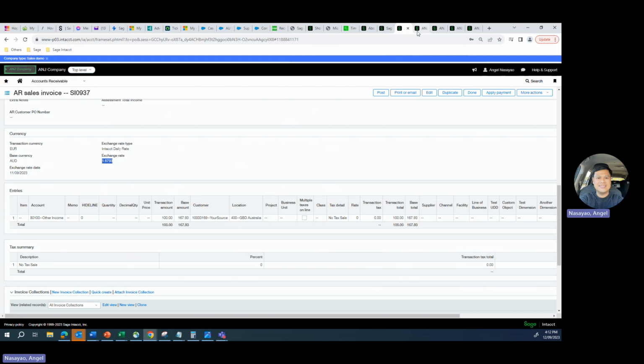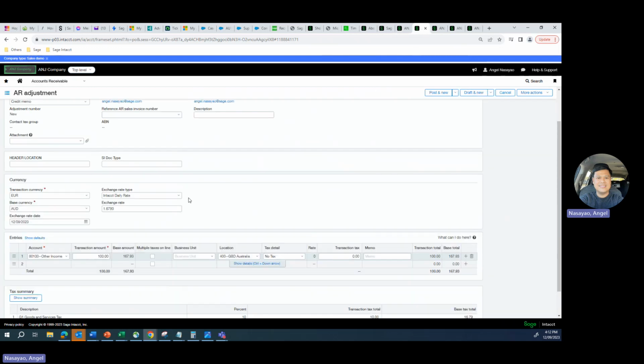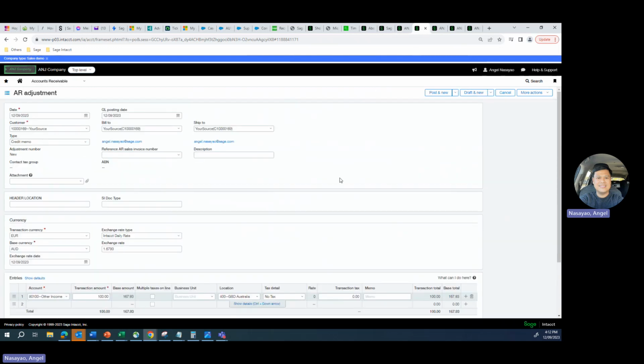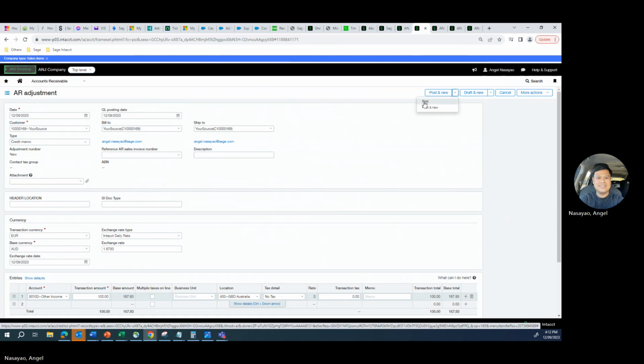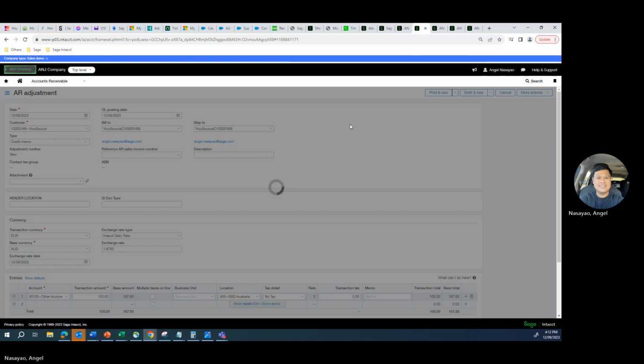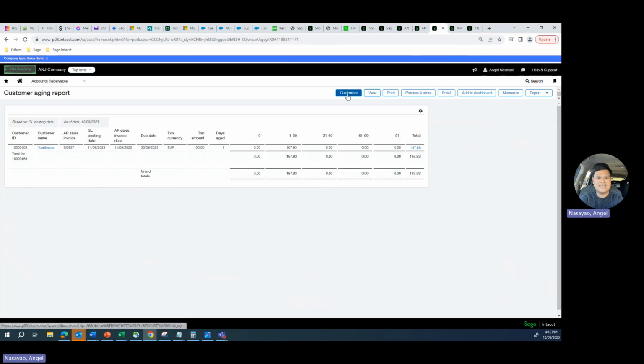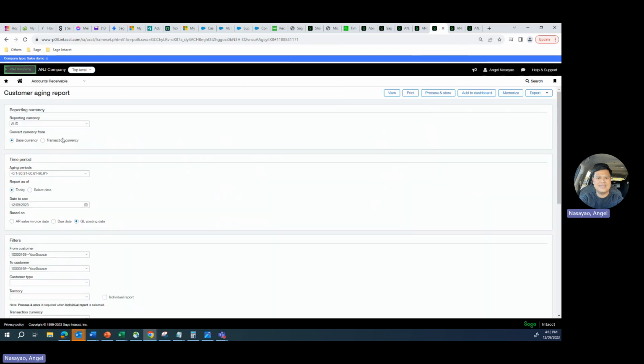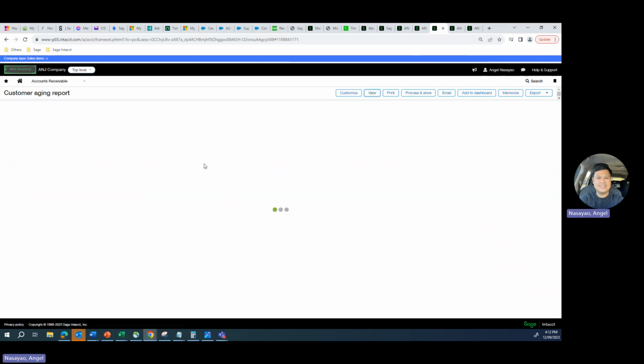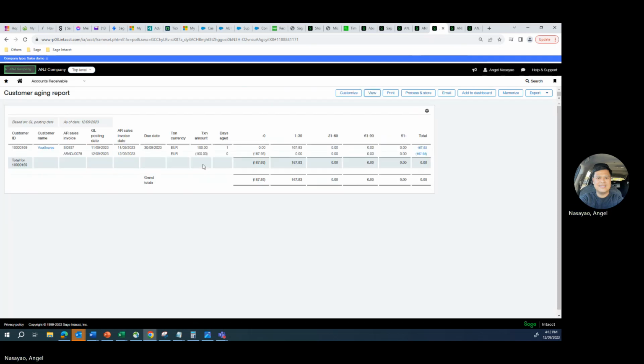So we have here that's the same one. I have it dated on the 12th, right? If I click on post, that's the adjustment. Now if I run the customer aging, customized for today, based on GL posting, it's actually 0 coming up through here.